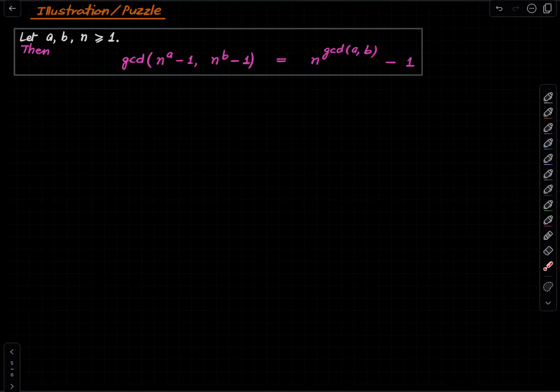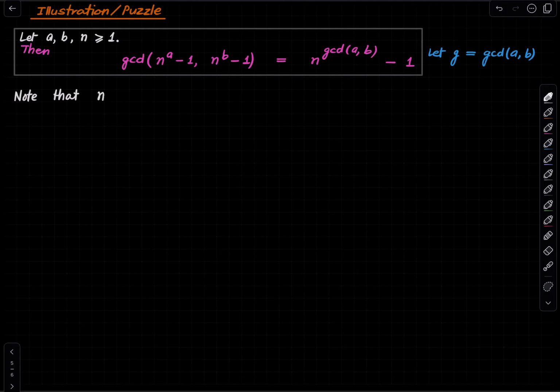It's quite strange that this is true. And again, pause the video and try to solve it. All right. So we will use G to denote the GCD of A and B just for brevity. Okay, and one thing we can immediately note.